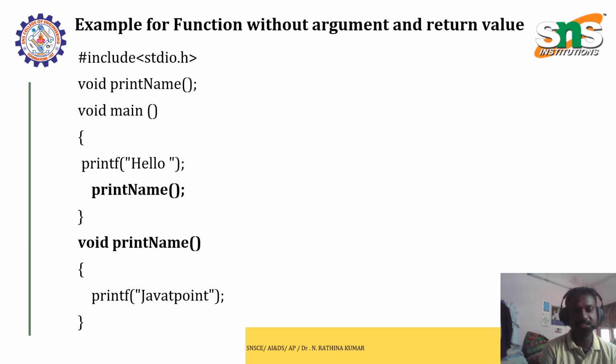Inside that subfunction, we have created one simple line, which is again a printf statement. In this program, there is no return value, and we do not use any arguments inside the function. This is called a function without argument and return value, which means that the subfunction does not have any arguments and does not return any values.